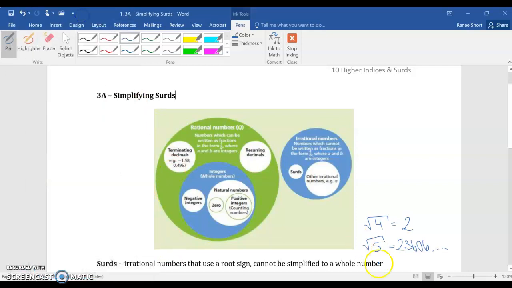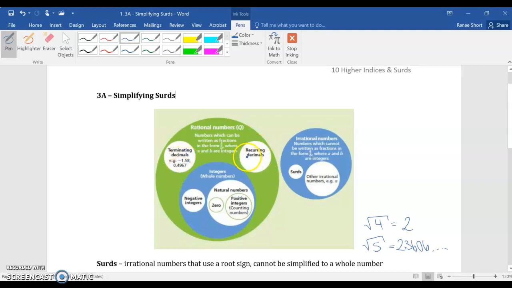So surds are considered to be irrational numbers, and in this little infographic on the screen, we can see on the left we've got these rational numbers. And these are numbers which can be written as a fraction, in the form a over b, where a and b are integers. We've got terminating decimals, i.e. decimals that end.